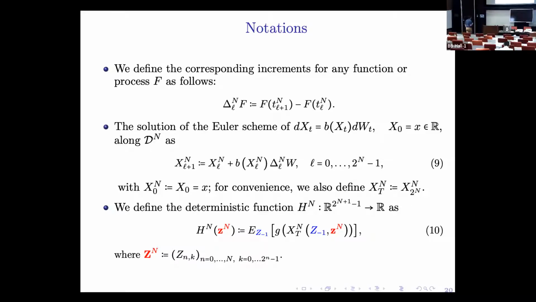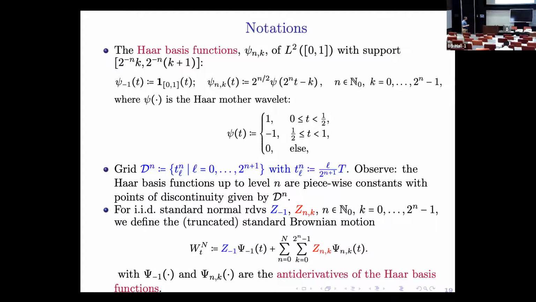And here I need to define an important function that we will do the analysis for later, which is called H_n. So H_n can be seen as a deterministic function with respect to zeta_n. Let me say that zeta_n here corresponds to all random variables that were used, except zeta_{-1}.